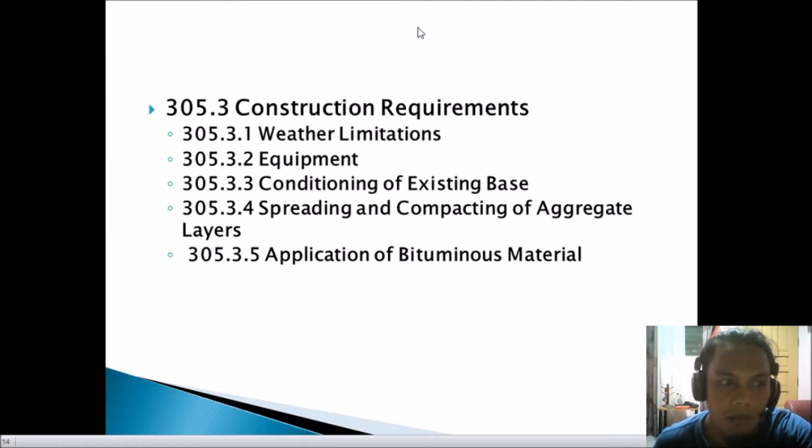Next is 305.3.3, which is the conditioning of existing base. Before spreading the aggregate, the base shall be clean.